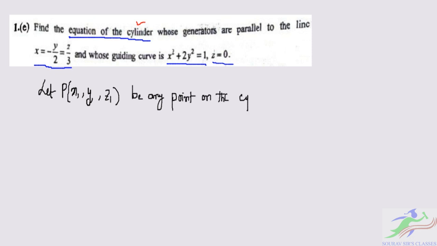So solving this, let me consider a point P, where the coordinates are x1, y1 and z1, be any point on the cylinder.